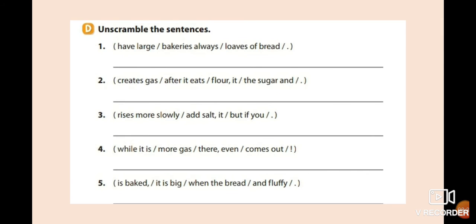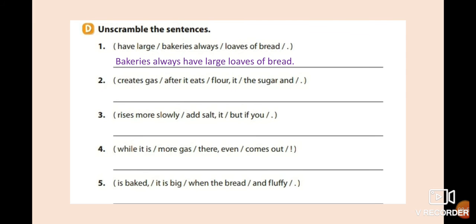This one is unscramble the sentences. First one, have large bakeries always love of bread. In that case, the correct order is bakeries always have large love of bread.